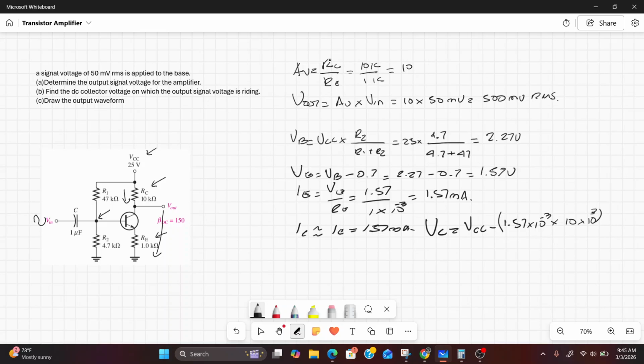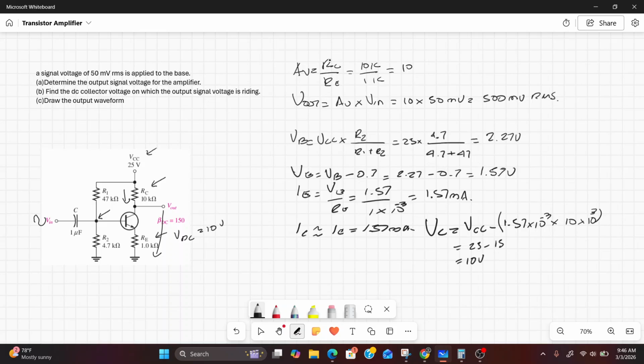And that is 15 volts. So this is equal to 25 minus 15 equals 10 volts. The voltage of the collector, this voltage right here, VDC equals 10 volts.